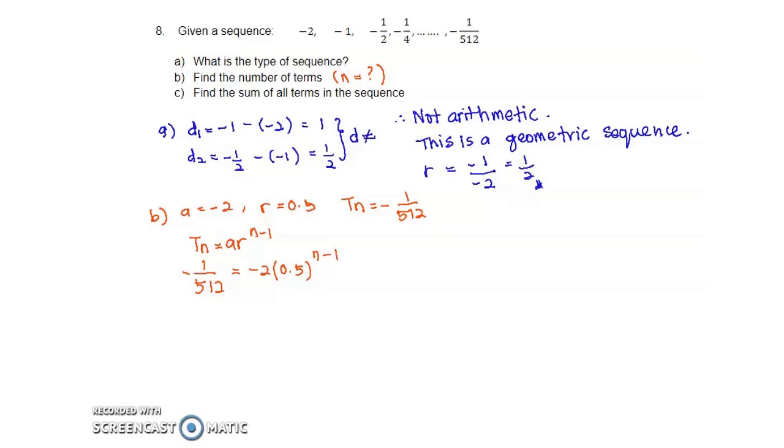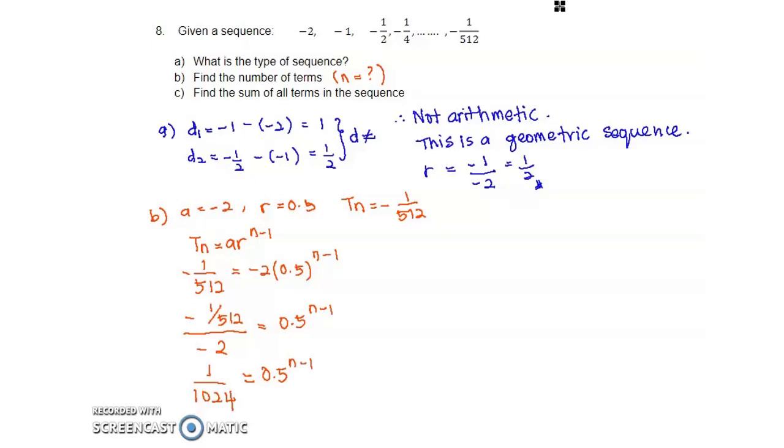Solve this part first: AR means A multiplied by R, so you can bring negative 2 to the left hand side. Negative 1/512 divided by negative 2 equals 0.5 power of n minus 1. If you calculate this, you will get 1/1024.